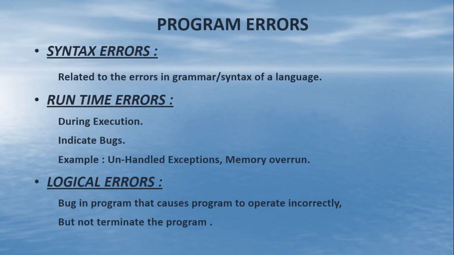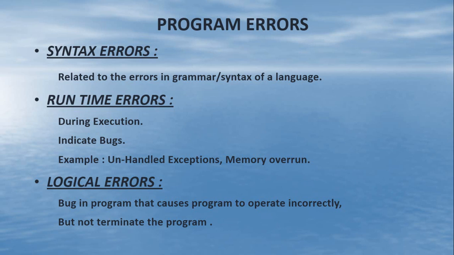The errors which we face while running our program are, first, syntax errors, which are errors in the grammar or syntax of the language in which we write. Second, runtime errors during execution indicate bugs, for example unhandled exceptions or memory overrun.